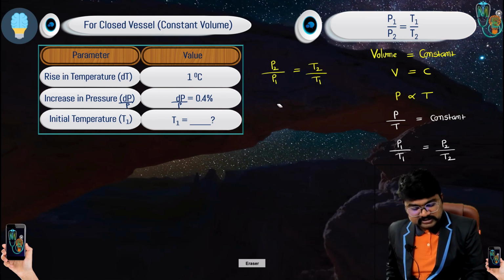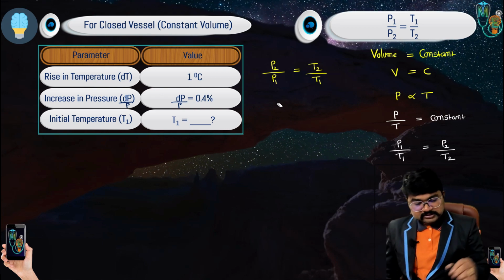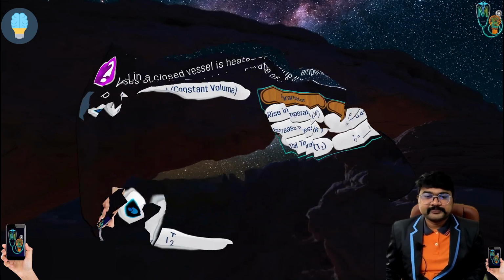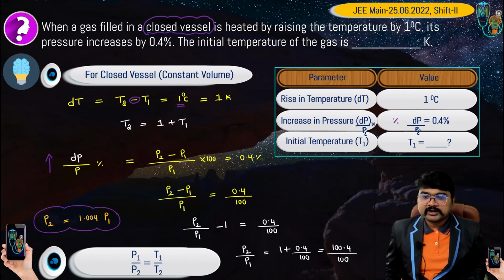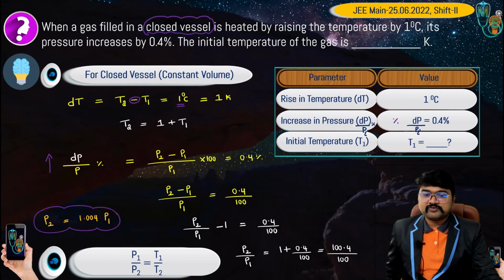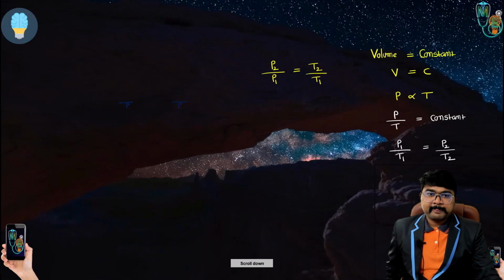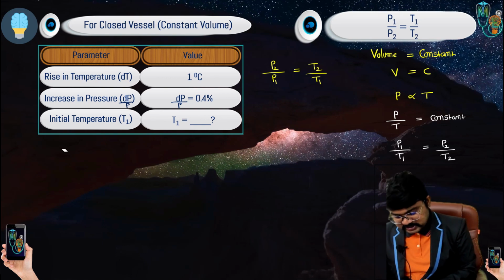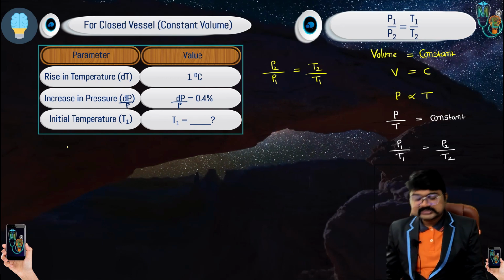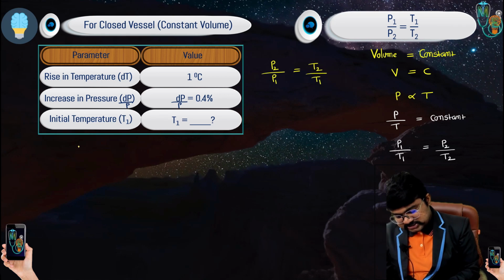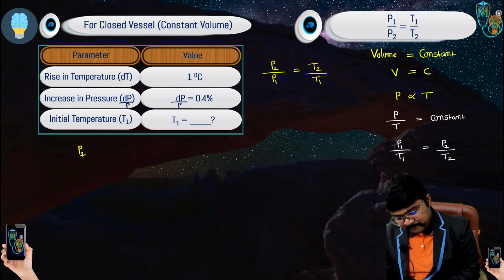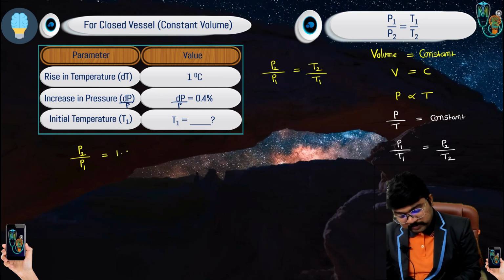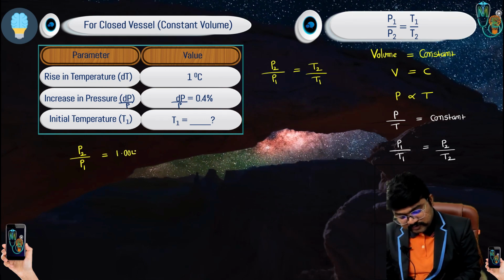Just substitute everything. Just now we calculated P2 by P1 equals 1.004. They are asking T1.